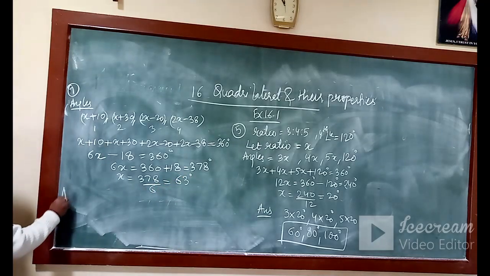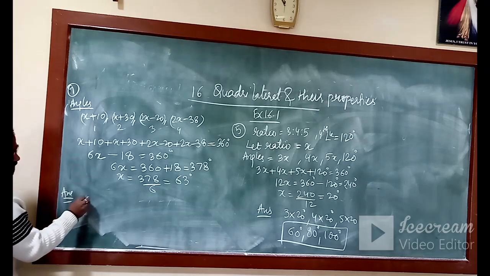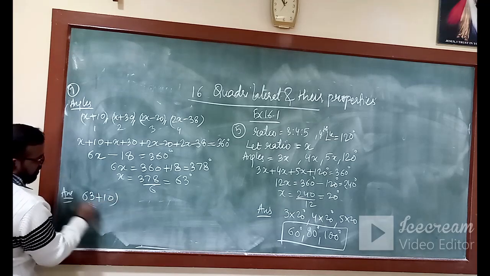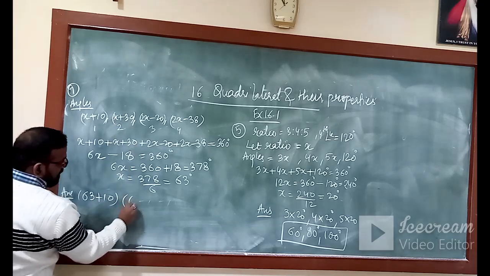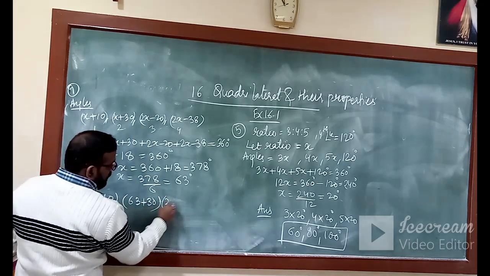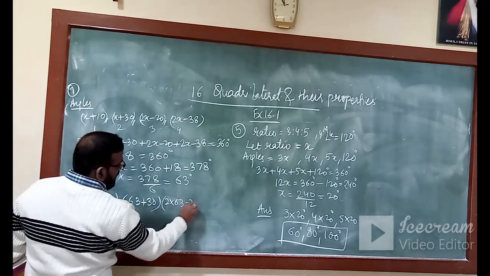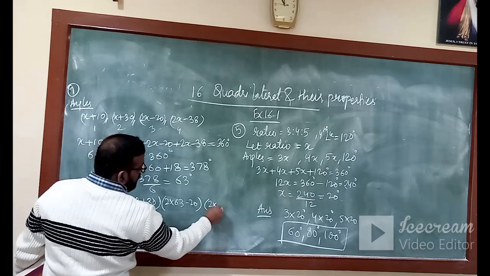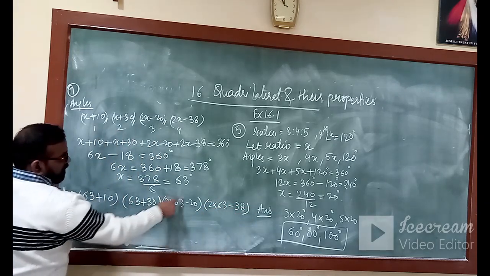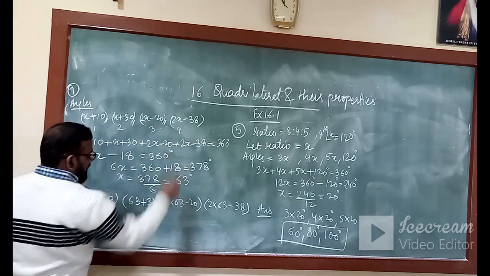So what will be our answer? Now we will put the values in the first angle, that is 63 plus 10. Then in this, 63 plus 30. Then in this, 2 into 63 minus 20 and 2 into 63 minus 38. Okay, we have just substituted this 63 in all the x's.